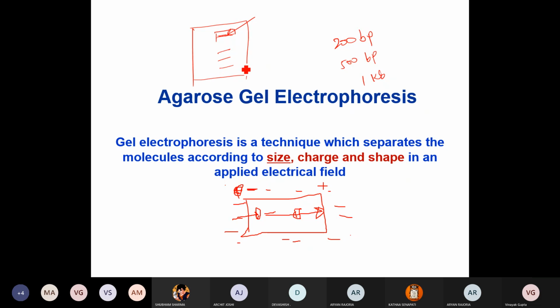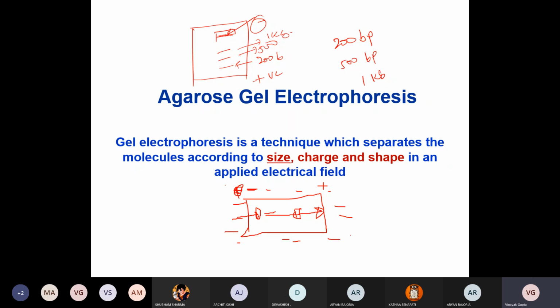What should be the size of each band? Sir, where is the negative again? Here it should be the negative pole, and here it should be the positive one. Sir, so I am assuming the smallest will move fastest. So this should be 200, then 500, and it should be 1 kb. Okay, so this is the idea.